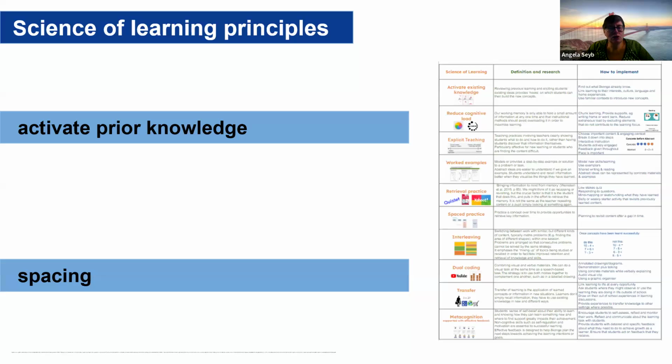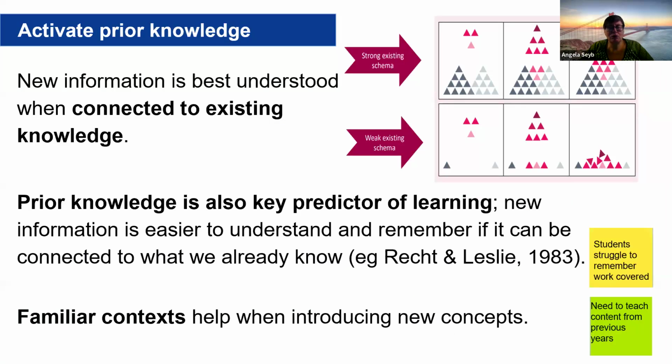So let's just look at activating prior knowledge, and particularly spacing in terms of the course design. Here we've got the diagram that some of you will have seen from Nina Hood's video, and essentially it's saying to us that if we have new information, it's best understood where the students have and can connect it to existing knowledge.